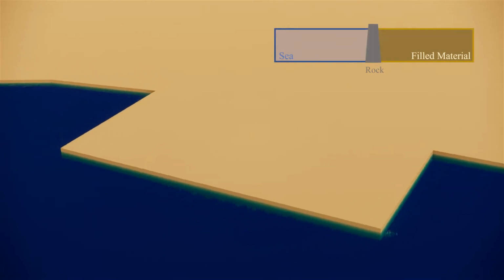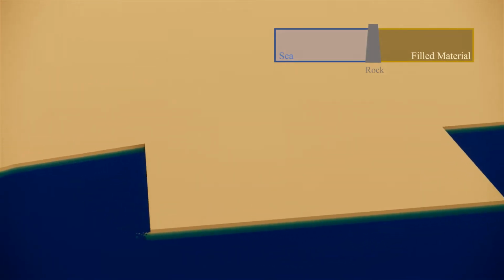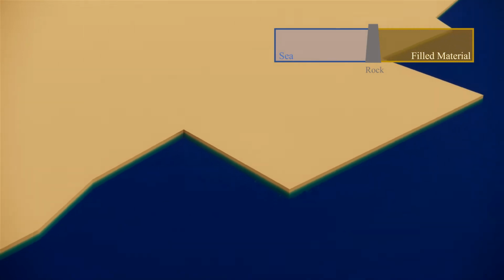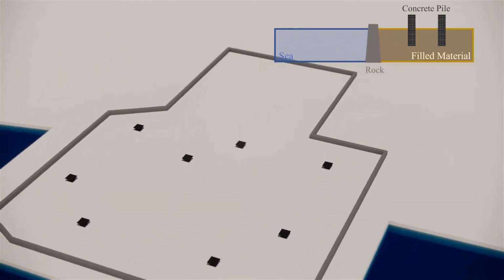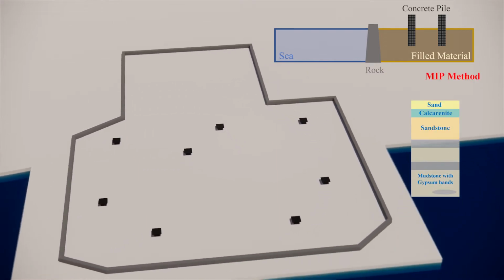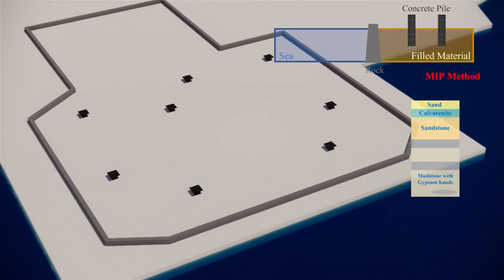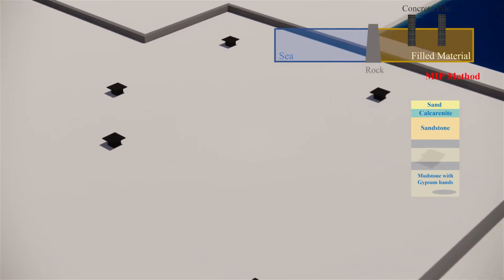The water in the closed area was filled with a fill material, and concrete piles using the MIP method were driven. The ground of Saadiyat Island was composed of sand and gravel layers, so the MIP method was suitable.